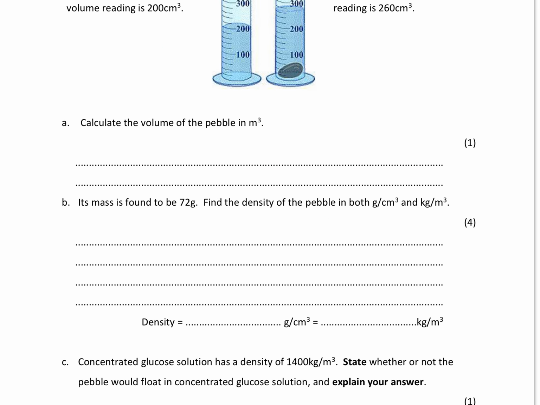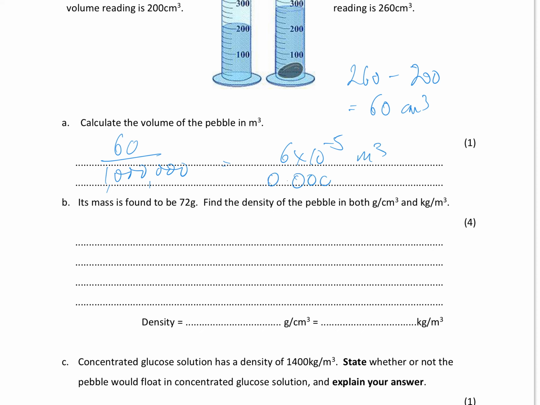Calculate the volume of the pebble in meters cubed, not centimeters cubed. Now it's 260 minus 200. That will give you 60 centimeters cubed. And 60 centimeters cubed is 60 divided by 1 million meters cubed. And that equals 6 times 10 to the power minus 5 meters cubed, or if you wish, 0.00006 meters cubed.